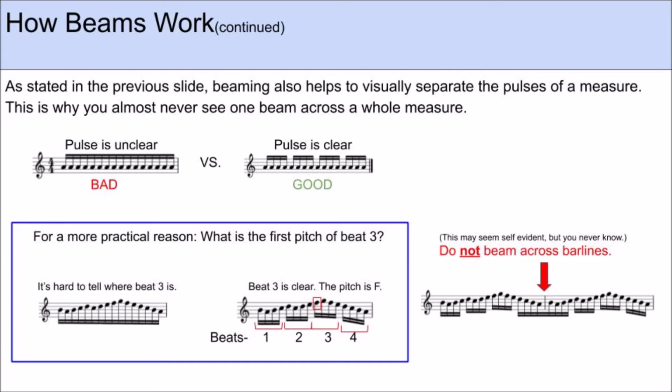This example on the left, it's very hard to tell where beat 3 is. You would have to count, starting on the far left, all the way up to the 9th note in the sequence.